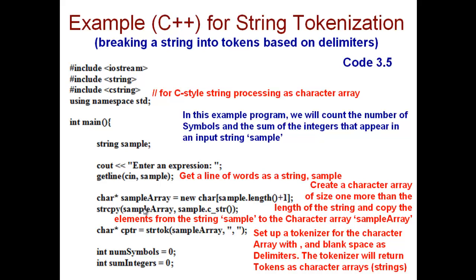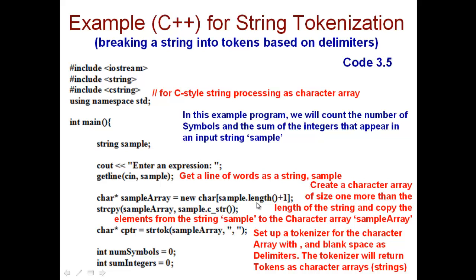So 1, 3 and 5 are three characters in 135. Now you're going to declare a C-style character array and treat it as a string. So you need to allocate space for one more character symbol, that's the terminating symbol, or backslash 0, to indicate the end of the string.